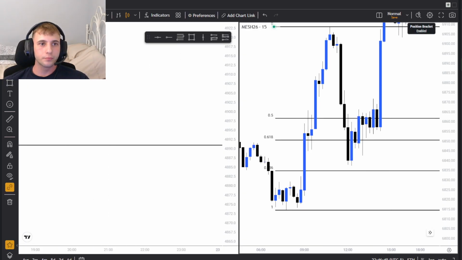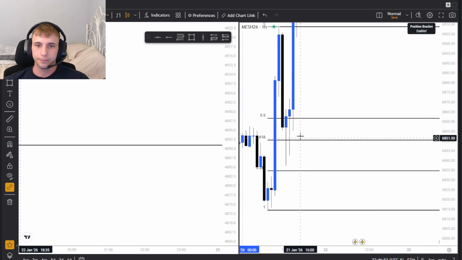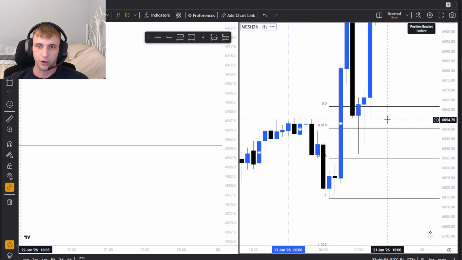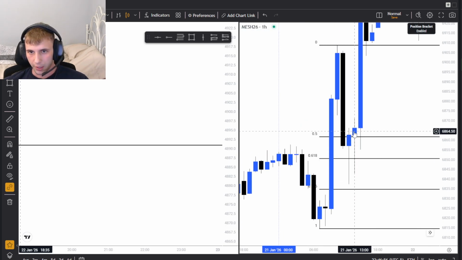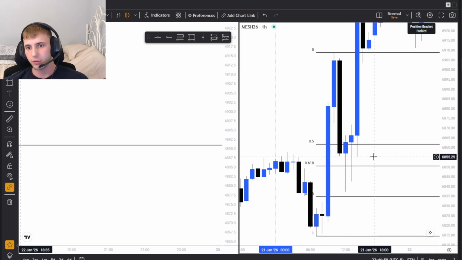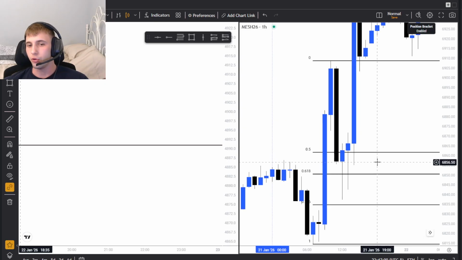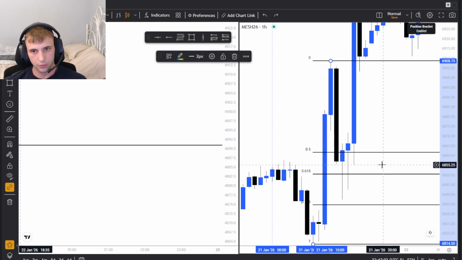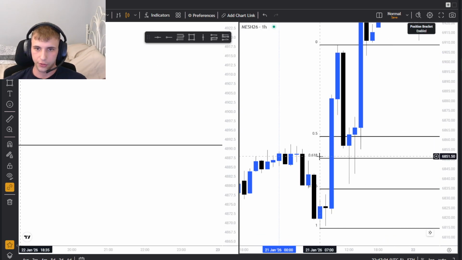Now, one thing you could keep in mind, and this isn't always the case, is that you want price to not close outside of this golden pocket.